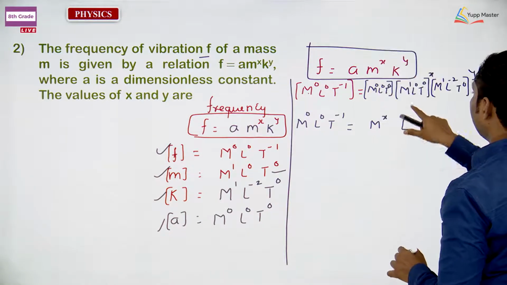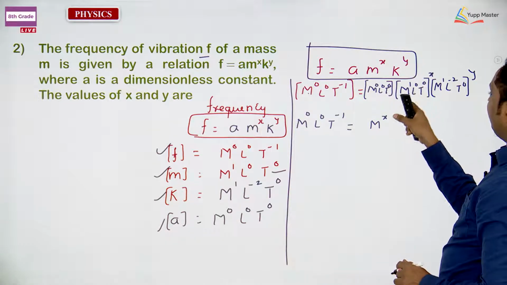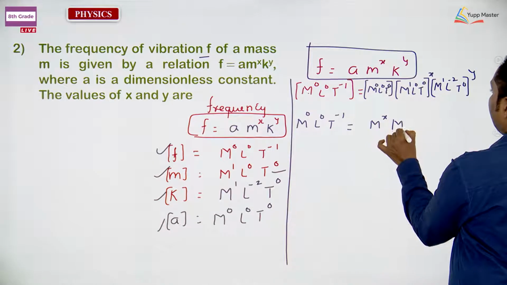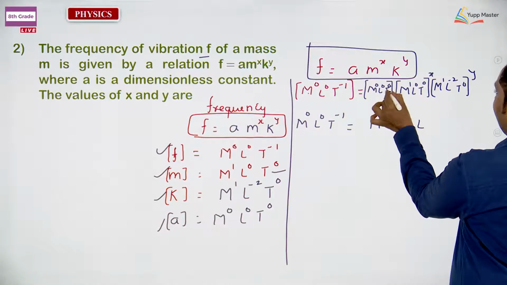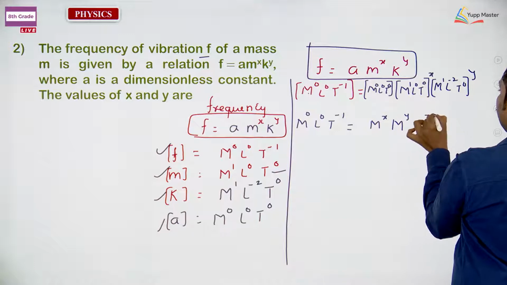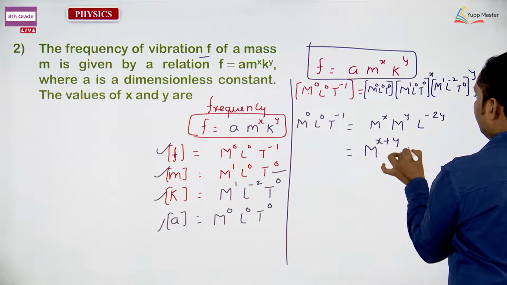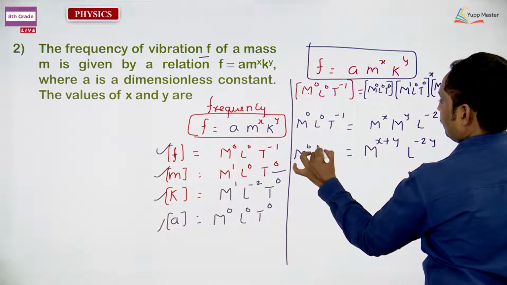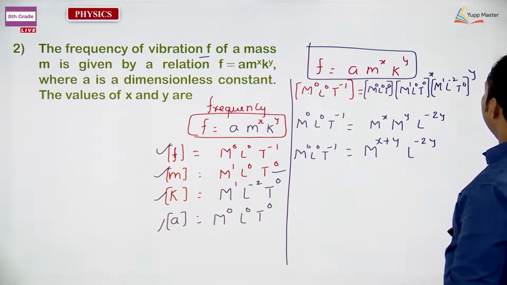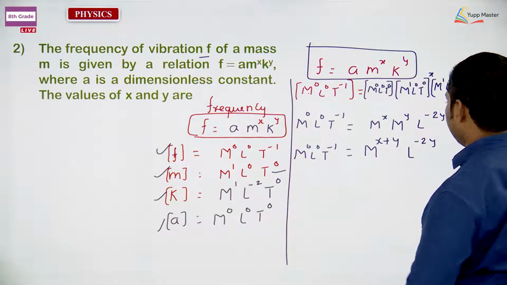Please take this one, we are going to get here m power x and m power y, and l power 0, l power minus 2y. We will take that m power x plus y and l power minus 2y. Here we would like to get m power 0, l power 0, t power minus 1.